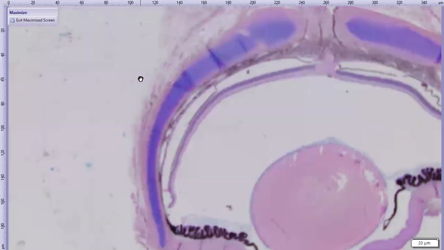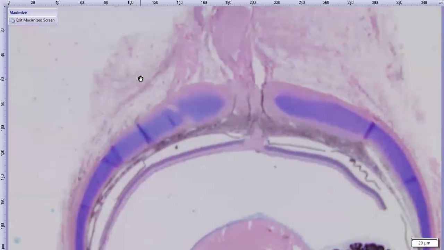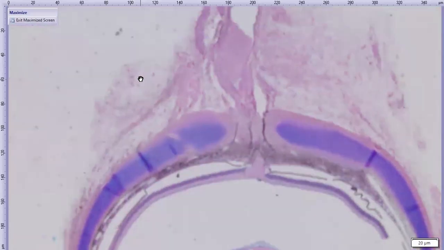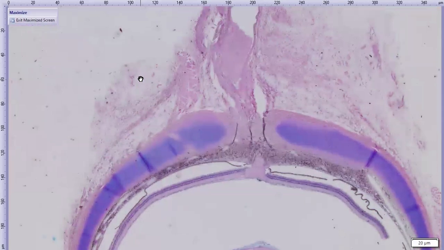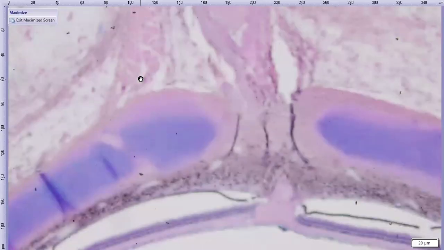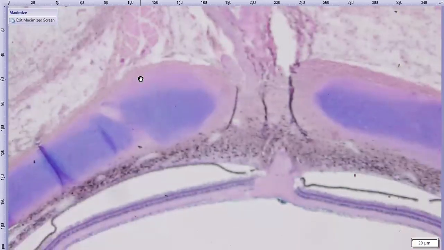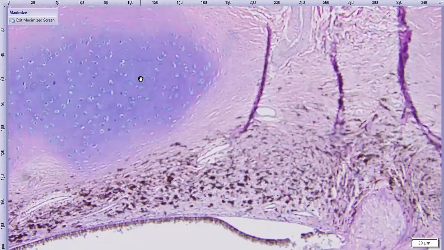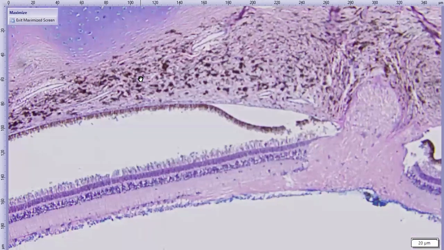Here's the duck-billed platypus eye. Already you can see it's got a very robust cartilage in its sclera. It's got this phenomenon of shading of the photoreceptors.